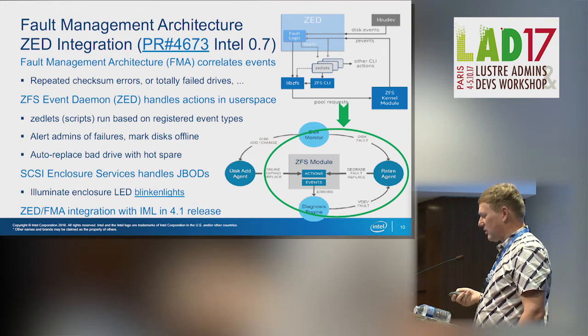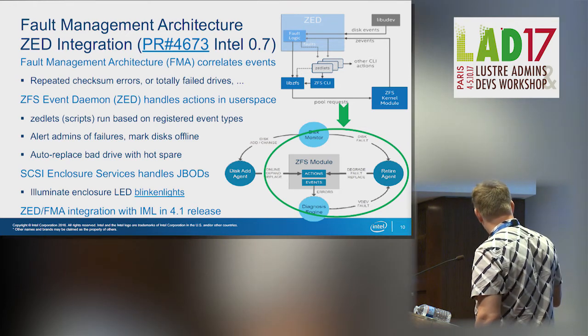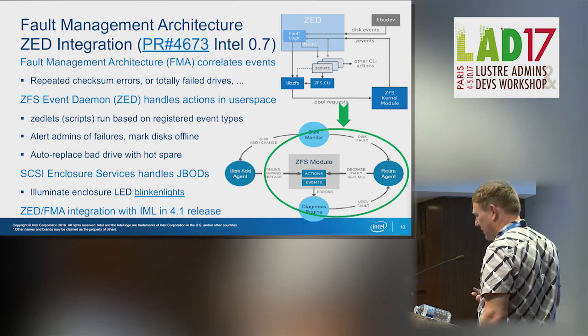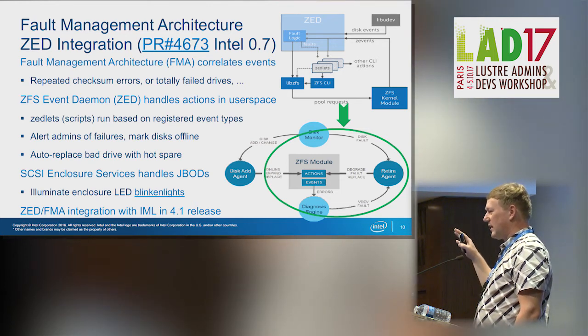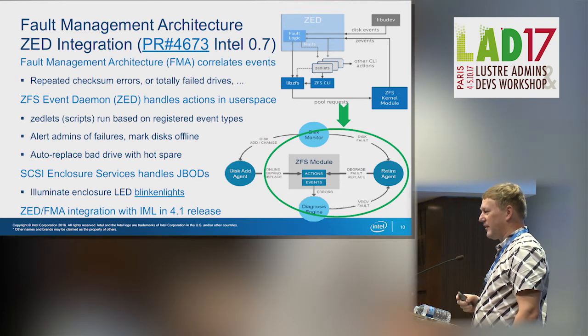It also allows what I like to call blinking lights. This is something that Livermore did, hooking ZFS into the SCSI enclosure services from Linux, so that you can say, okay, this disk is faulted, and illuminate the light on the disk, right?